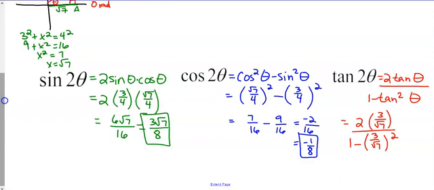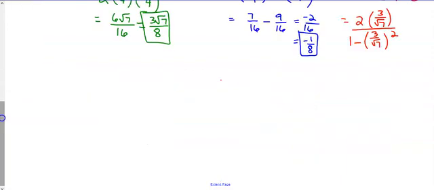Okay? Then we just have a little bit more work here to get this one looking nice. So on top, we have 2 times 3 is 6 over root 7. On the bottom, we have 1 minus 3 squared is 9, and root 7 squared is just 7. And then we should actually do that subtraction.